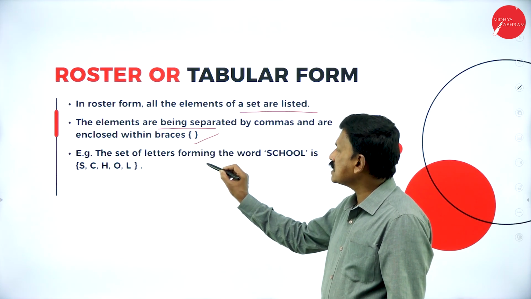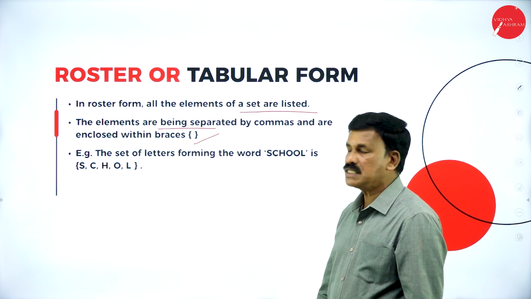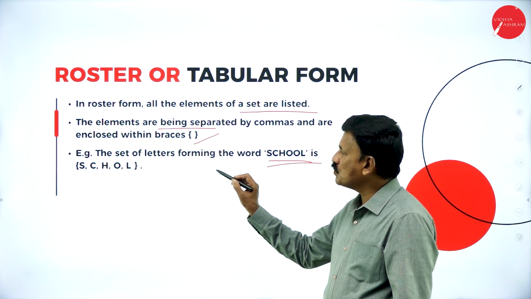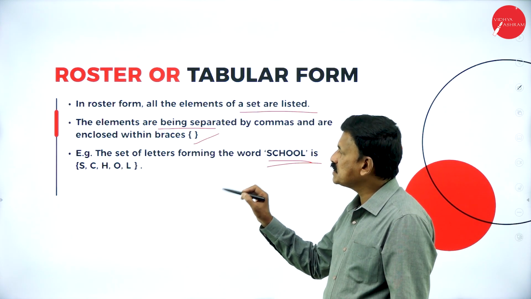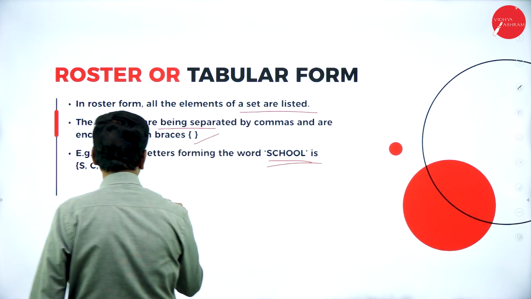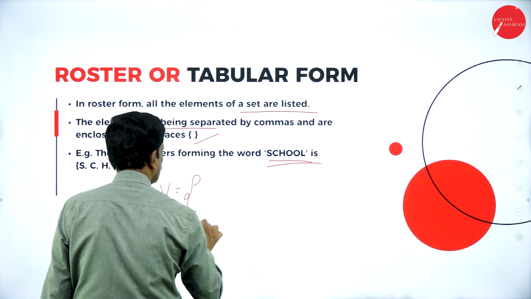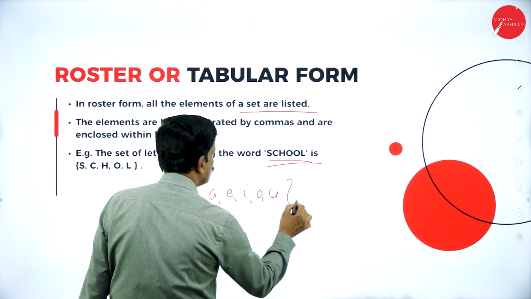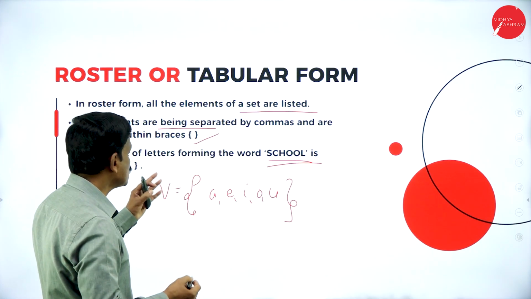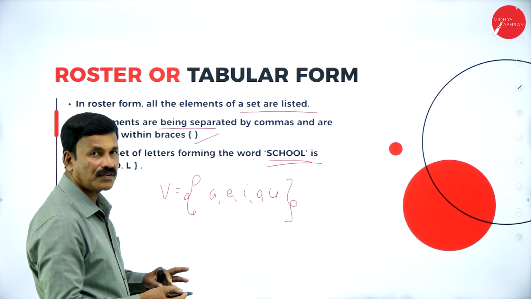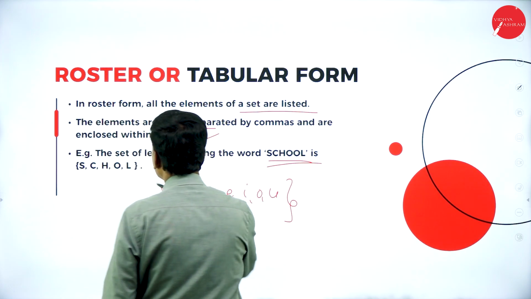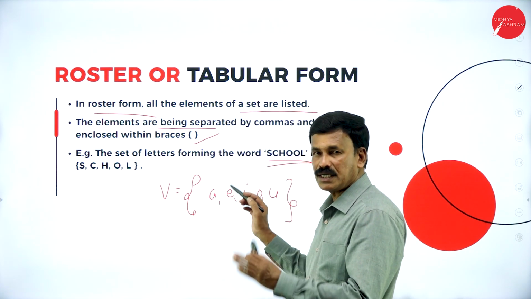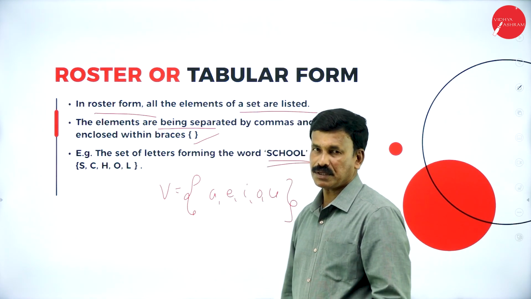For example, the set of letters forming the word school, S-C-H-O-O-L, is S, C, H, O, L. Similarly, the set of vowels is nothing but a, e, i, o, u. This is how we represent a set. This type of representation is called the roster form. Here the elements are separated by commas and enclosed between two flower brackets, right?